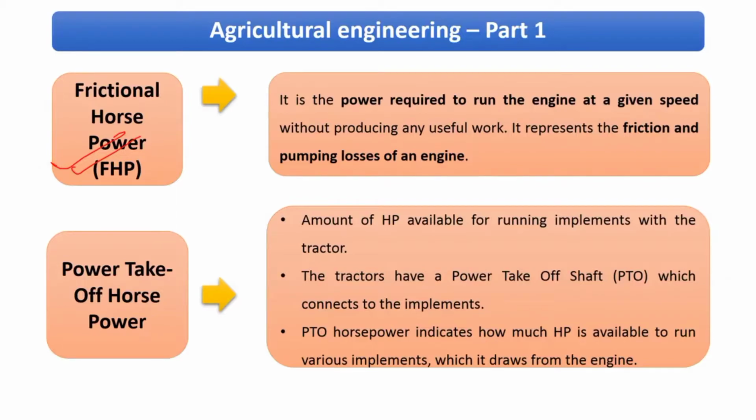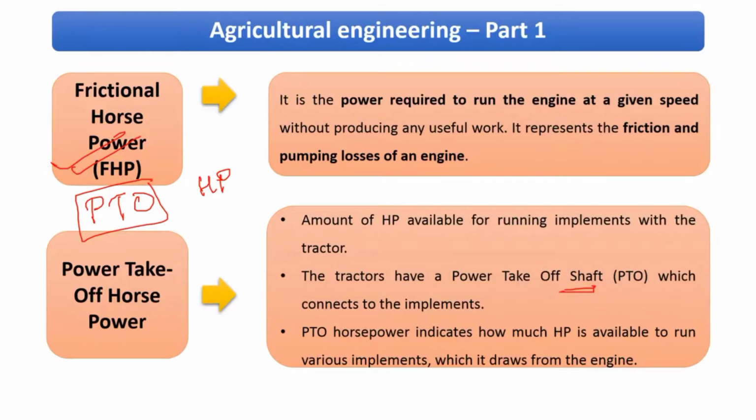Apart from this, there is a very important term that you will encounter again and again when you go through this agricultural engineering chapter. That is PTO horsepower, where PTO stands for power take off shaft. Usually the word shaft is used, so it's nothing but power take off horsepower.